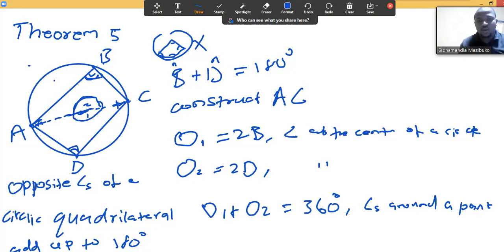We know our O1 is 2B and our O2 is 2D, so 2B plus 2D is equal to 360. You can divide by 2, and you will get B plus D is equal to 180 degrees. Hence you have proved that if you add these opposite angles, you're getting 180. This is how you can prove it.